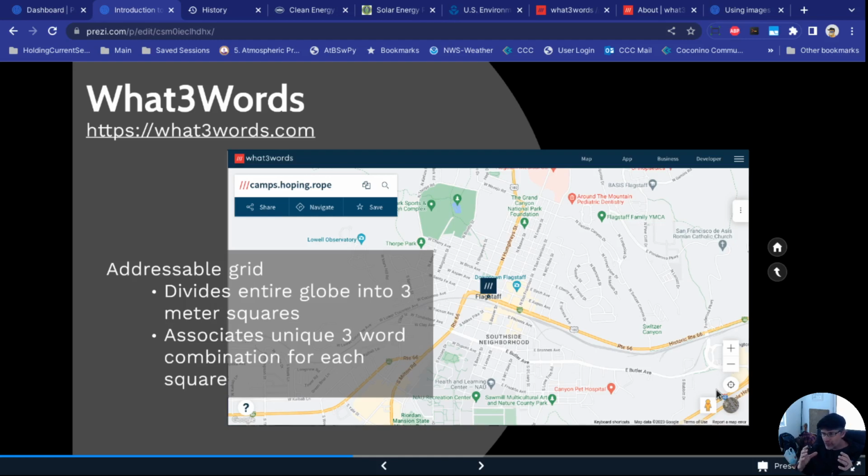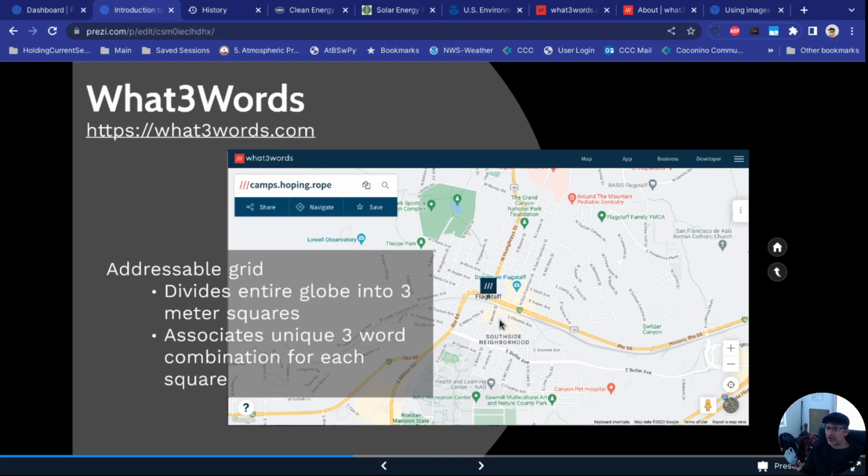And that combination of words is unique throughout the entire globe. For example, I put in Flagstaff, Arizona here, and the 3-word combination comes up as camps, hoping, rope. For that 3-meter area right in downtown Flagstaff, camps, hoping, rope is the 3-word address that can find that one particular 3-meter by 3-meter square throughout the world.